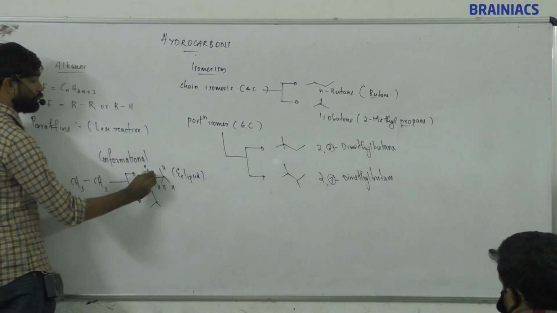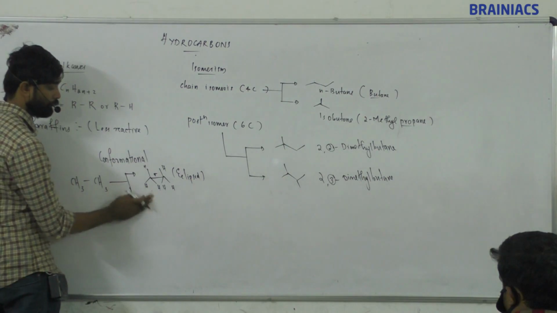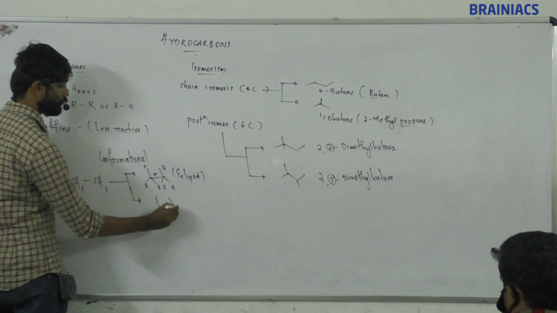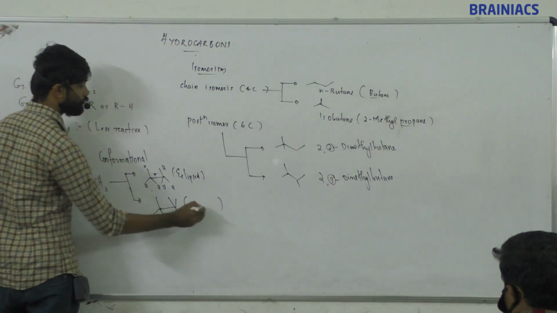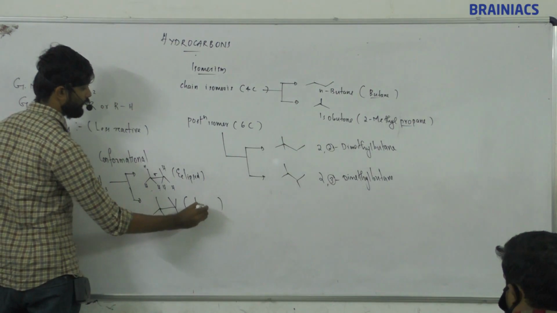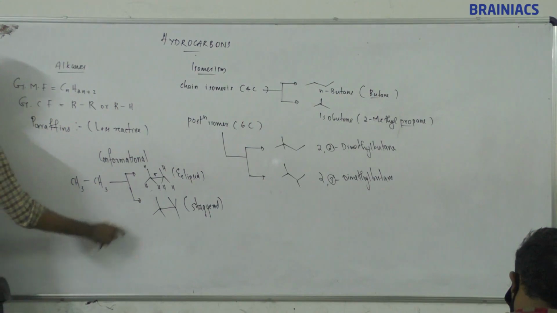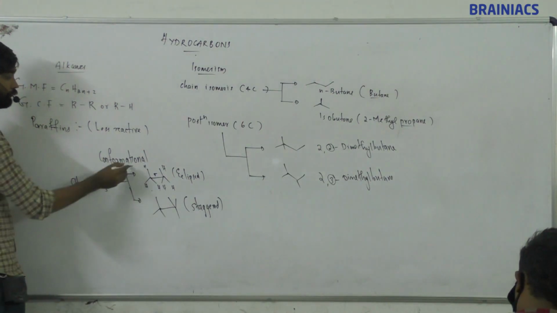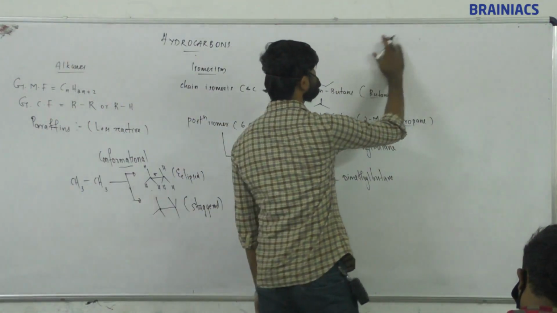And this sigma bond can freely rotate. I think you are familiar with that. If the sigma bond is rotated like this, it is said to be staggered. The dihedral angle is 0 here and 60 here. So alkane can show conformational isomerism.